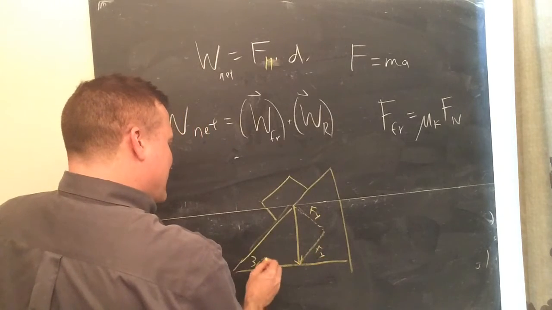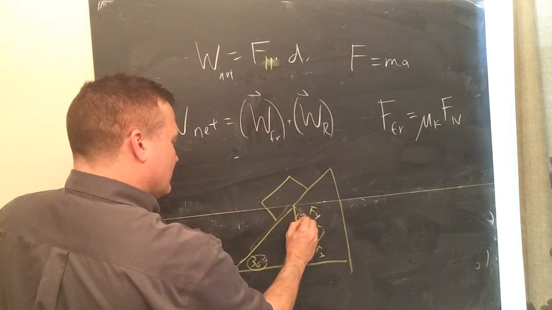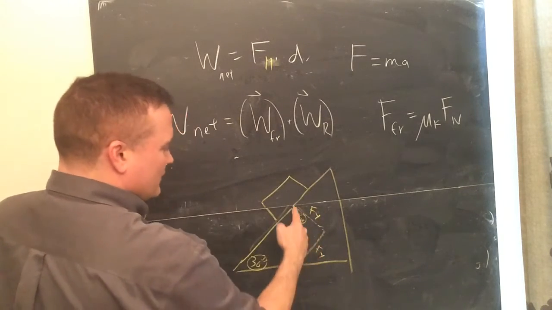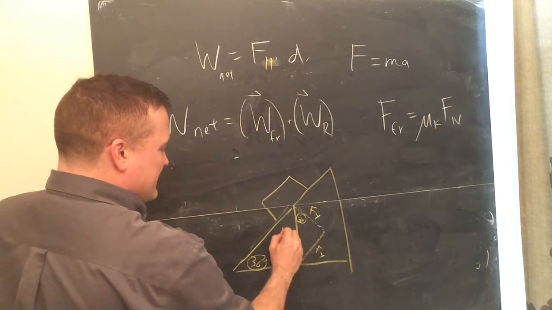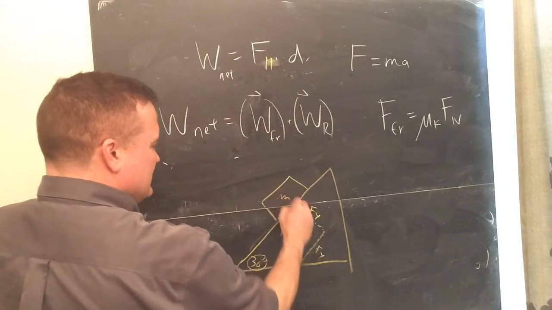In this one, if that's 30, then your top angle is also 30. And remember, sine will be Fy over the hypotenuse F, the weight. That's your weight coming down, mg.